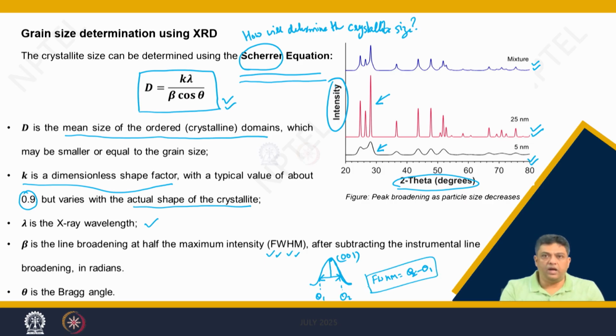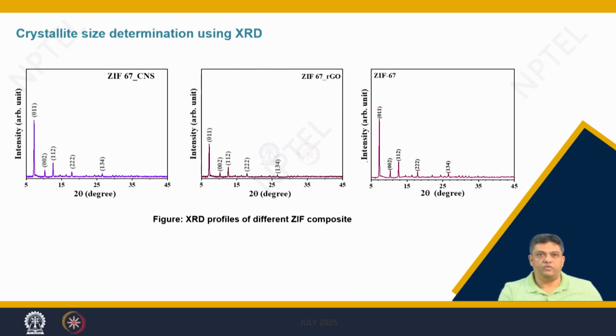So, clearly you can see the FWHM varies as we move from one system to the other, and theta is the Bragg angle, the angle at which the peak profile is observed. It can be here, it can be here, it can be here. So, corresponding theta, this is 2 theta, and from there you can get the theta value.